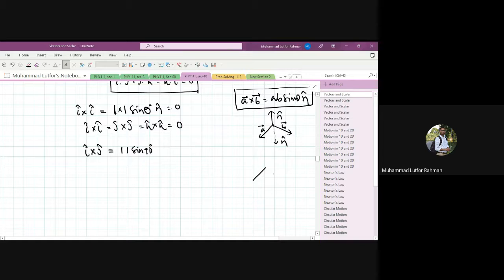When you write A cross B, this eta hat must be perpendicular to both A and B. If this is your i and this is your j, then k hat is the only one that could be perpendicular to both i and j. It could be plus k or minus k. So the eta hat over here would be k hat, and sine 90 becomes 1. It means that i cross j would be k hat.